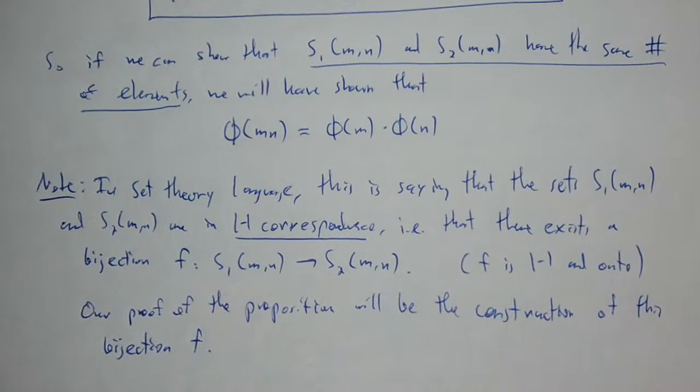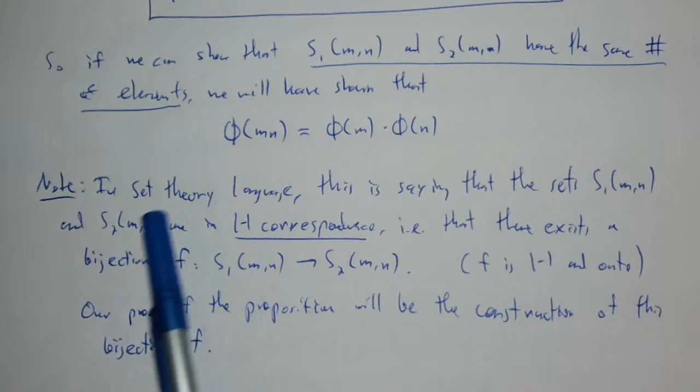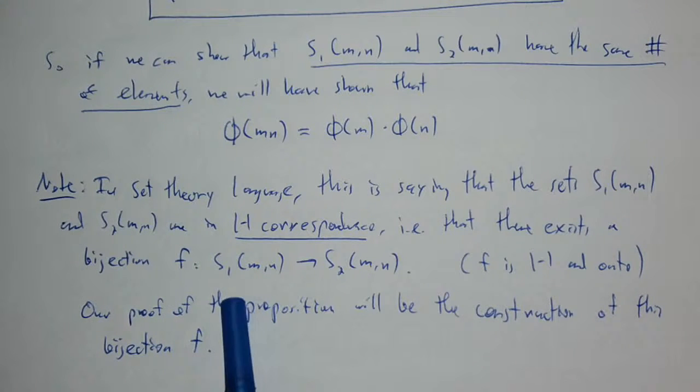Because another thing that's equivalent here, that you probably already know, is that whenever you have a bijection like this, a bijection implies the existence of an inverse function. So if you have a bijection mapping from set S1 to S2, there's also a bijection mapping from S2 to S1 that's the inverse function for that thing. And you have that the second you have this thing's 1-to-1 and onto.